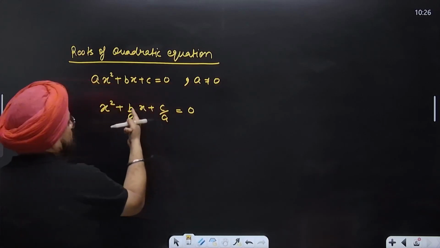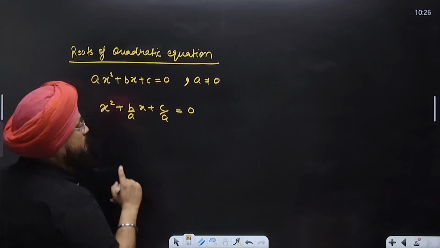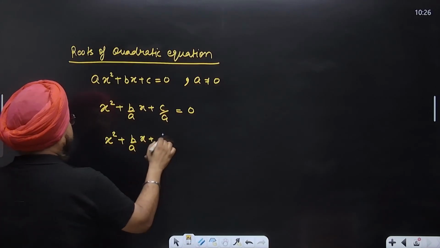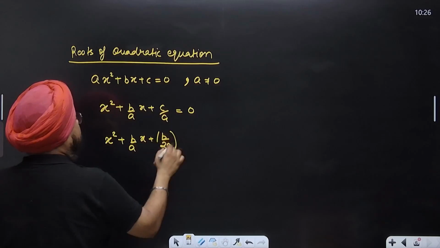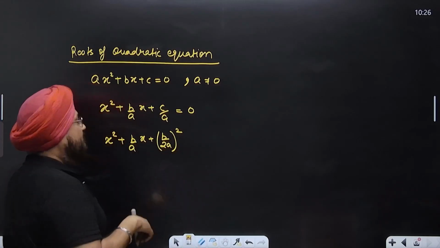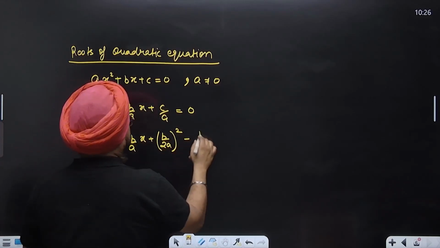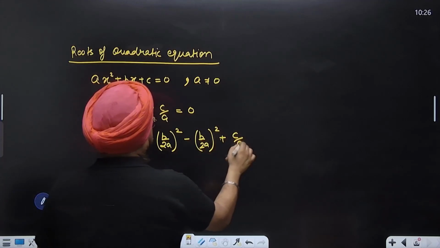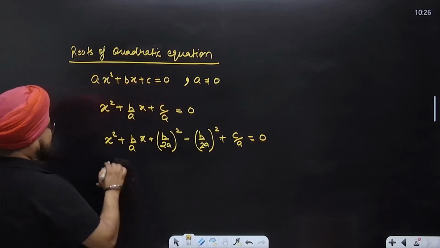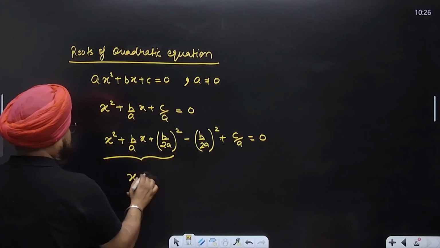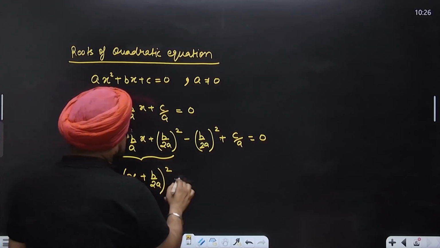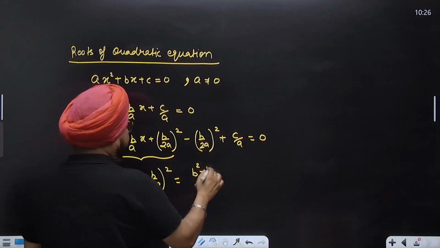So the coefficient of x is b by a. So what I will do, I will add and subtract the square of half of the coefficient of x. So this expression will become x plus b by 2a whole square. The remaining term will be as follows.